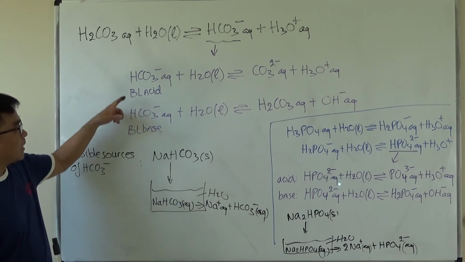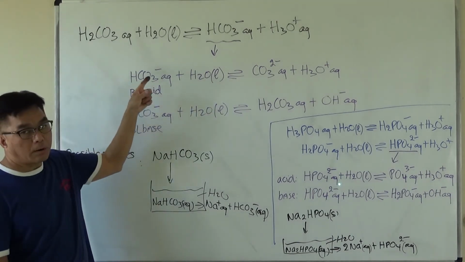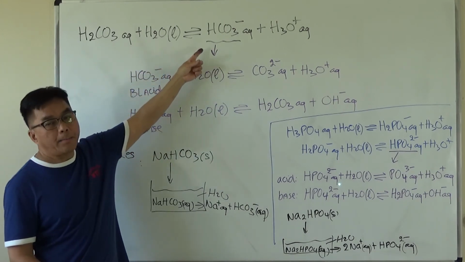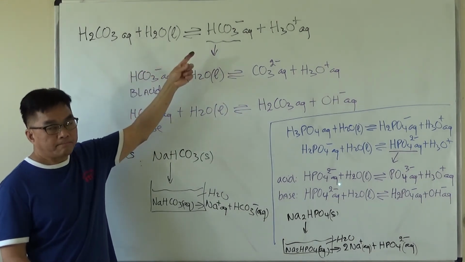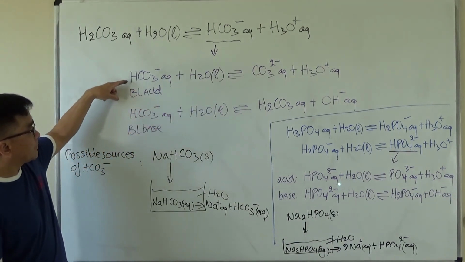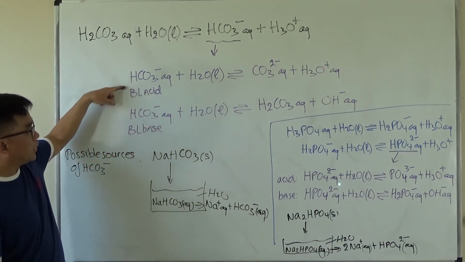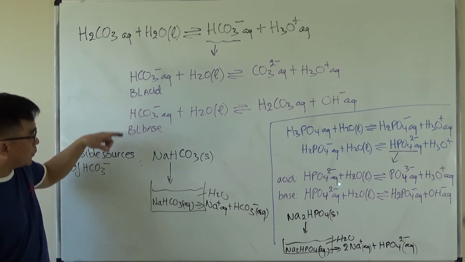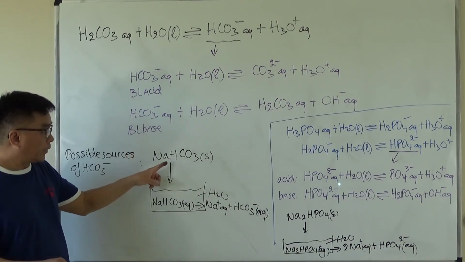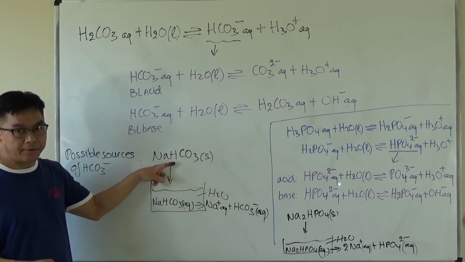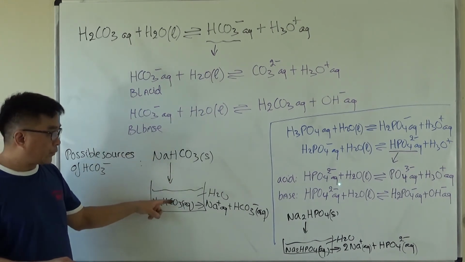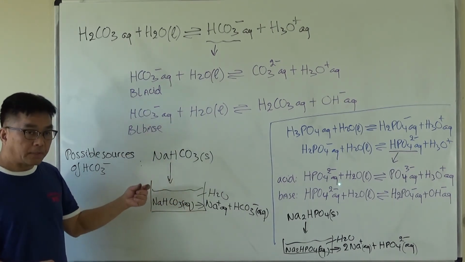Now, how are you going to have a solution that has hydrogen carbonate? This reaction between carbonic acid and bicarbonate ion is at equilibrium. For example, if you take solid sodium bicarbonate, it has hydrogen carbonate ions in there, which are polyatomic ions. If you take a handful of that solid, drop it into a beaker of water and stir it up, it will go into solution.